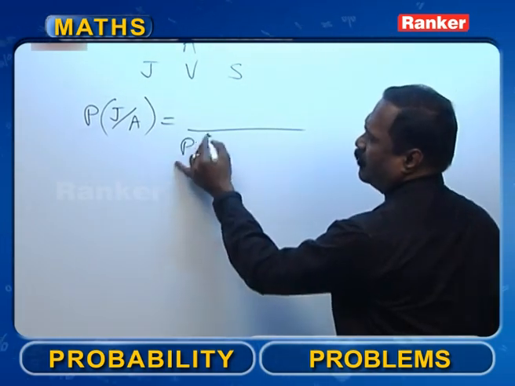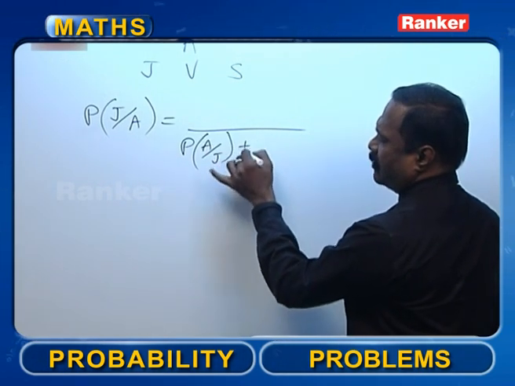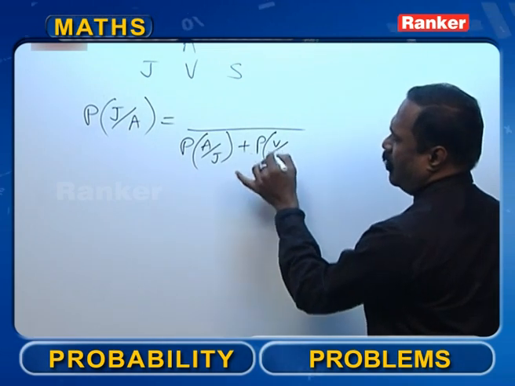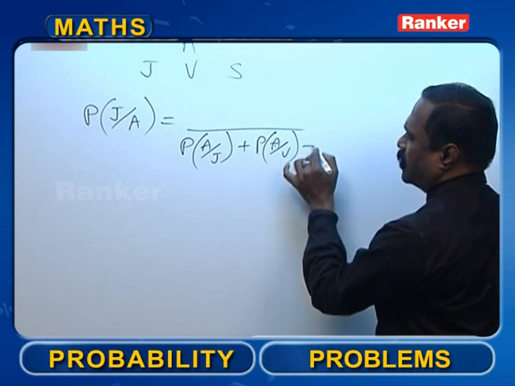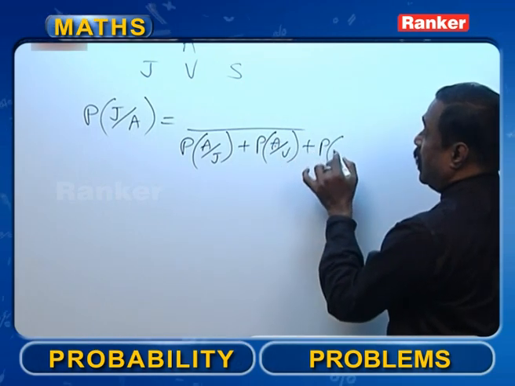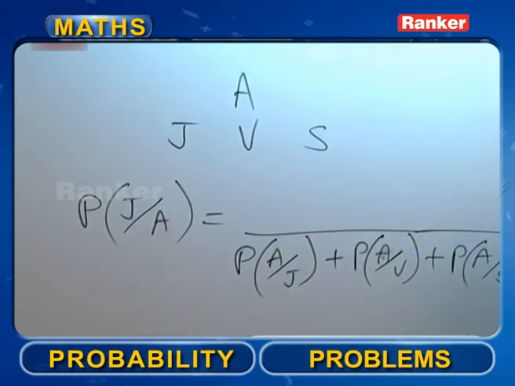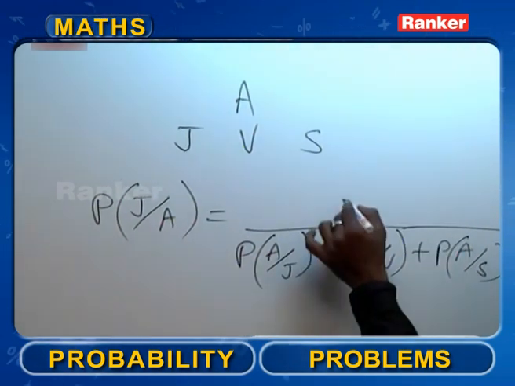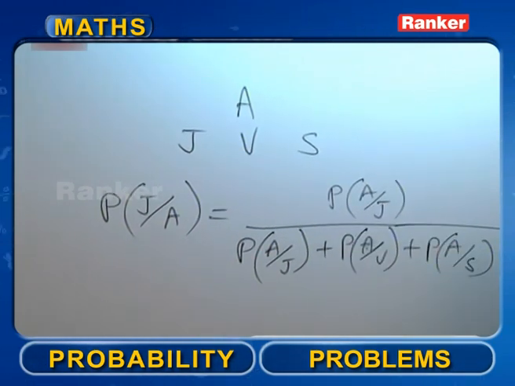That is, probability of A after J, plus probability of A after V, plus probability of A after S. You need this one, which is to be taken up. That is probability of A after J, like this.